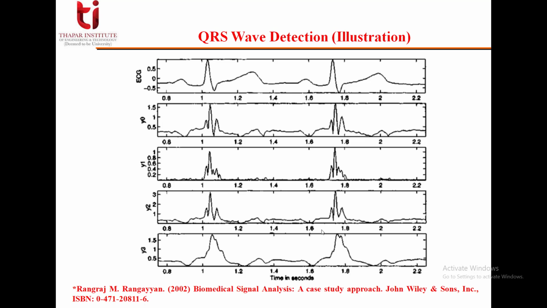Now the next step is thresholding at 1. Whichever peak crosses 1, we say it is part of the QRS complex, meaning the QRS complex is located there, and this helps us in detecting the QRS peaks. So this is how we can detect QRS peaks using a derivative-based operator, including the moving average filter.